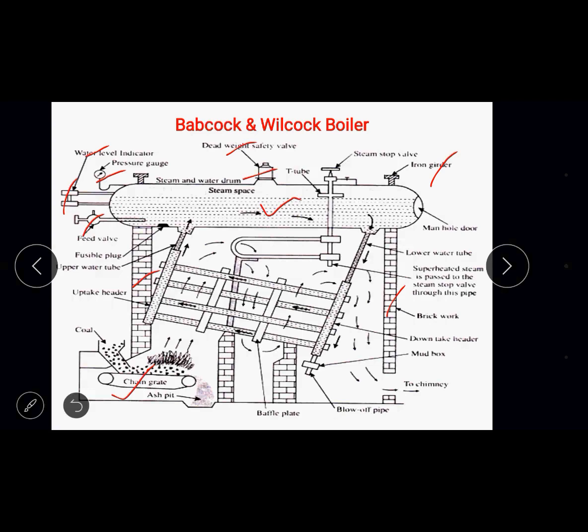In your domestic pressure cooker, you find two components on the top of the lid. One is a vent, and just next to it you find one small cylindrical valve with a hole, the hole covered with some non-metal material. That is called the dead safety valve. The vent and the dead safety valve are interconnected. What the vent will do in the pressure cooker is keep releasing the pressure. It will not allow the pressure to build up beyond the maximum value.